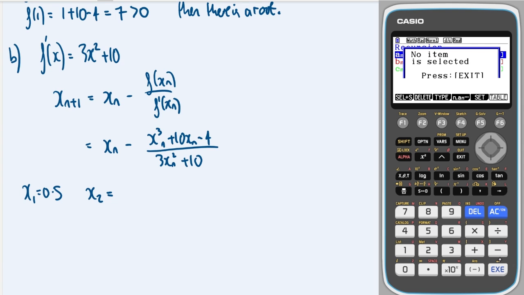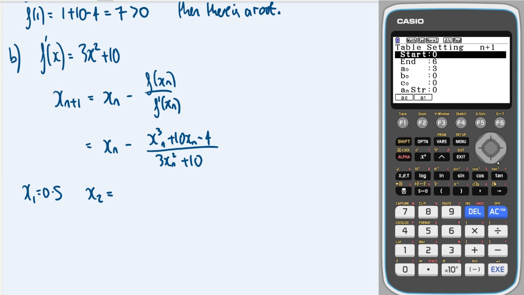We will type in the formula of an minus an cubed plus 10 an minus 4 over 3 an squared plus 10.